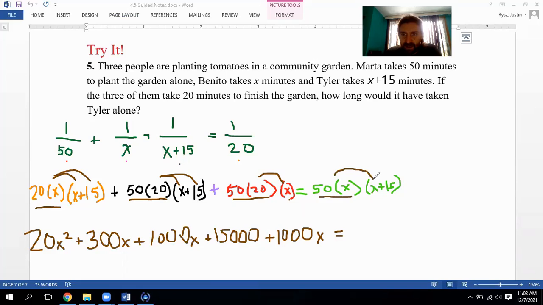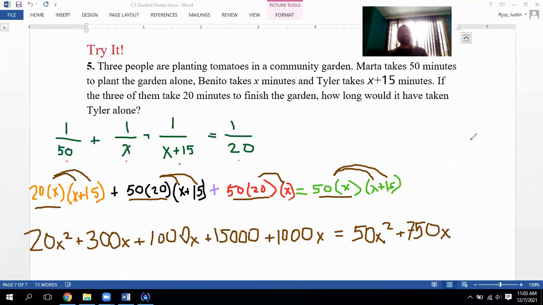So that's 50x, which will distribute to the x and the 15. So 50x times x is 50x squared. And then let's see, 50 times 15 is 750x.